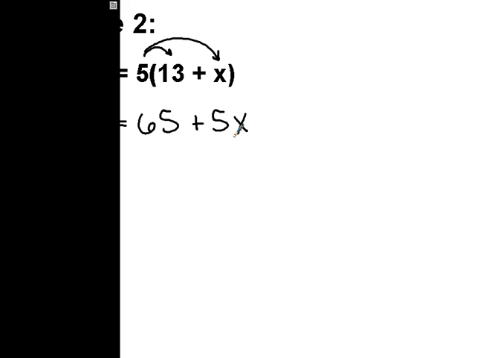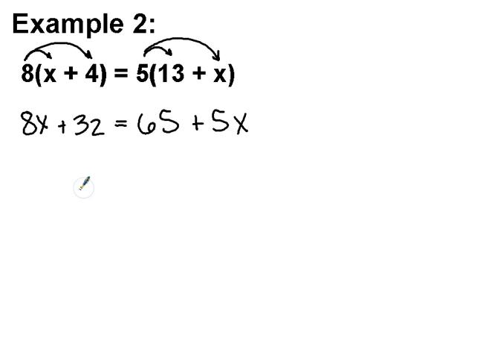So now at this point, we can get rid of our revealer, get back to our normal world, and see our new equation is 8x plus 32 equals 65 plus 5x. And just like before, we're going to focus in on these two variable terms. This time around, I can see again that the 8x on the left-hand side is a bigger coefficient.